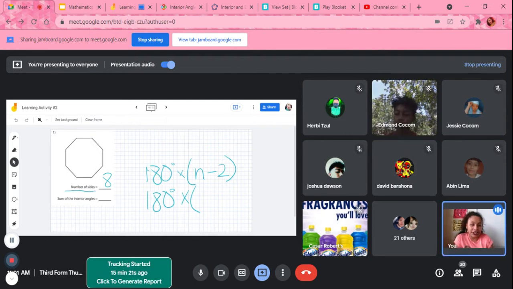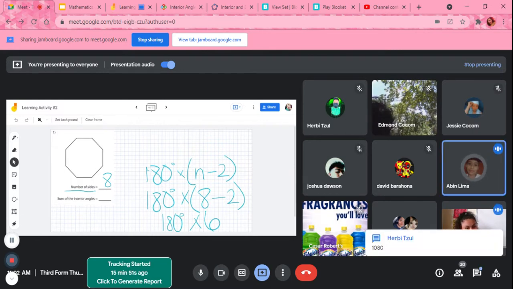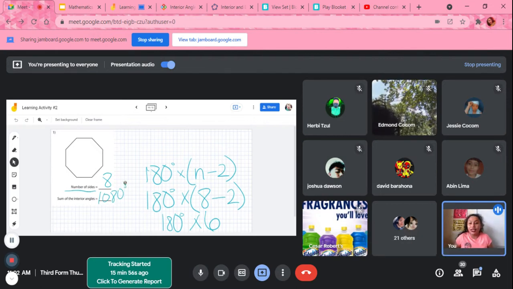So in this question, I am going to write 8 minus 2 because n is 8 for this question. For each question, n is going to change, right? So 180 degrees times 8 minus 2 gives me 6. What is 180 times 6? 1080. Very good. And that is your answer.